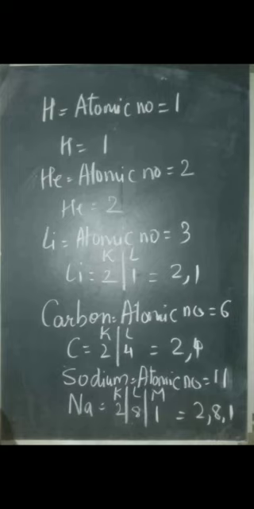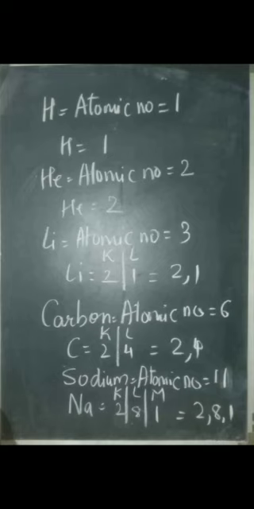So the third electron goes to the next shell. Now let us see a bigger number, carbon. Carbon has atomic number 6. So now K shell will have 2 electrons. 6 minus 2 is 4. So 4 electrons go into the L shell. So the electronic configuration of carbon is 2, 4.